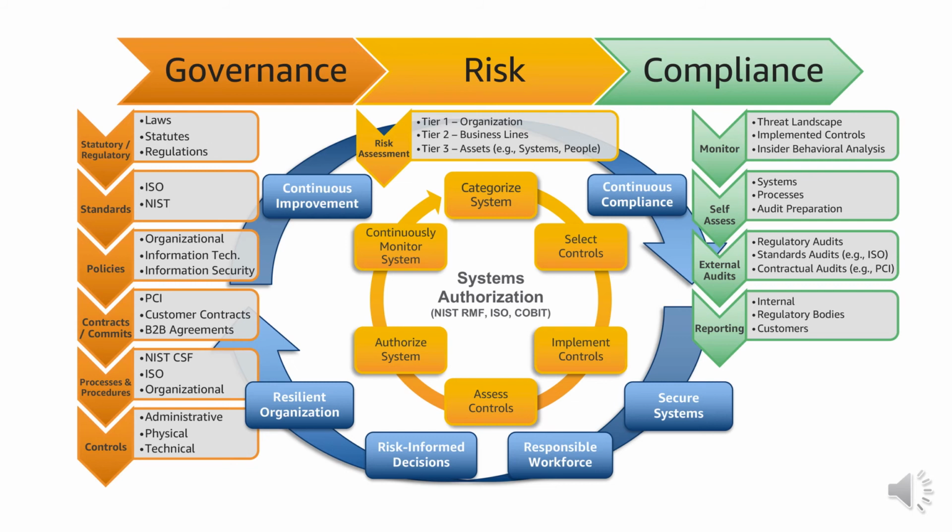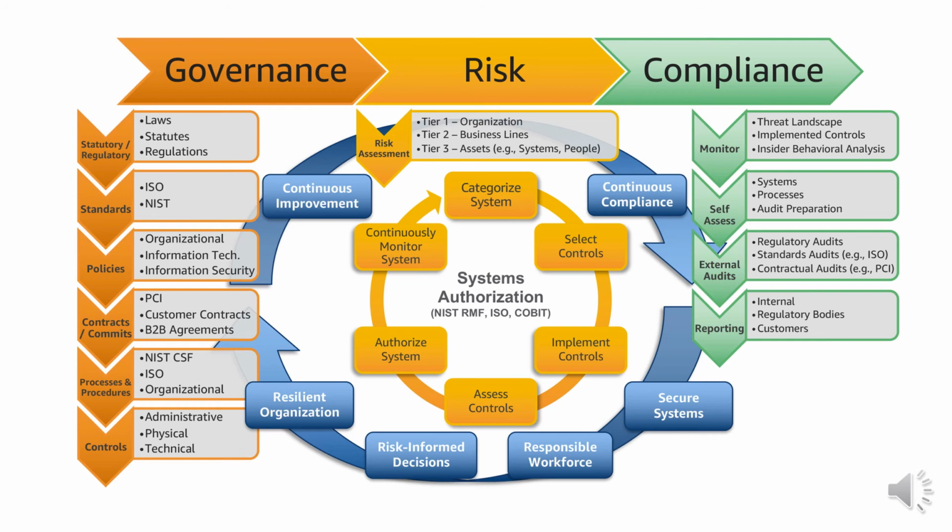On the left side we'll see there are statutory and regulatory bodies which relate to the laws, statutes and regulations, and standards provided by ISO and NIST. Both organizations provide the standards and policies.